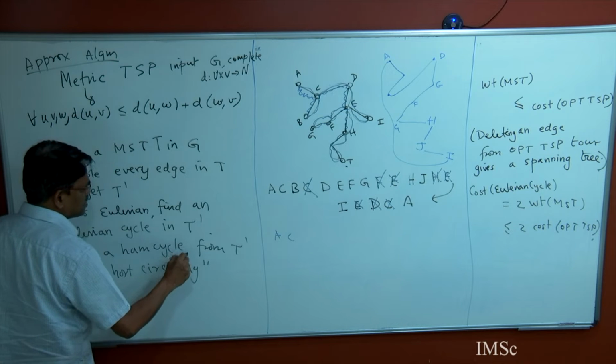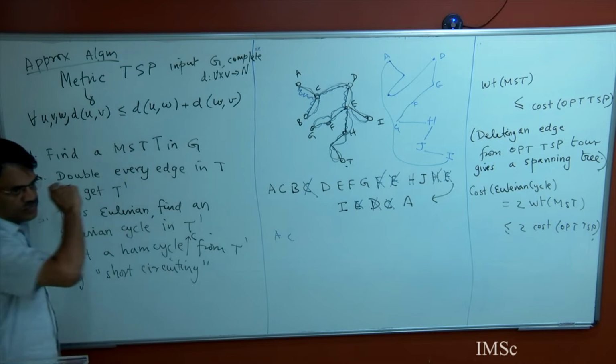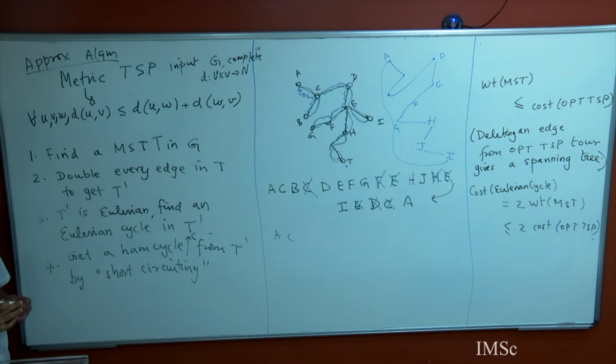Call this cycle C. Okay, that's my output. So, what is the cost of the Hamiltonian cycle?